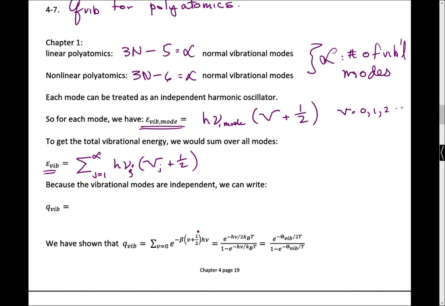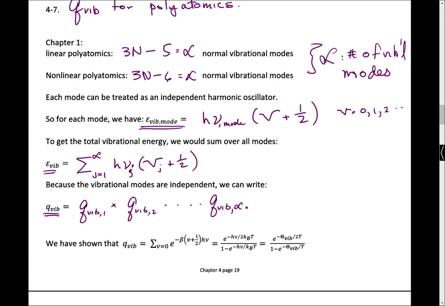And as we've seen multiple times, when we go to do partition functions for energies that are a summation, we know that we can look at the product of those, all right? So our overall vibrational partition function will be Q of vibration for mode 1 times Q of vibration for mode 2, all the way up to Q of vibration for mode alpha, okay?